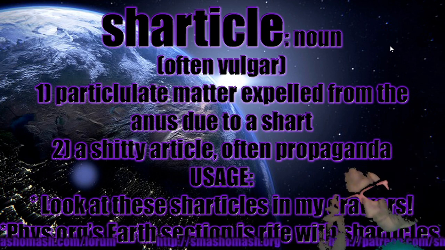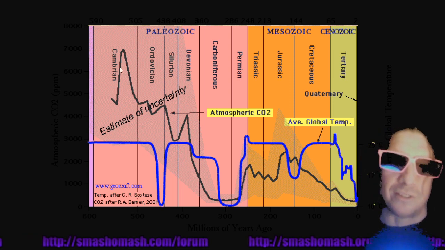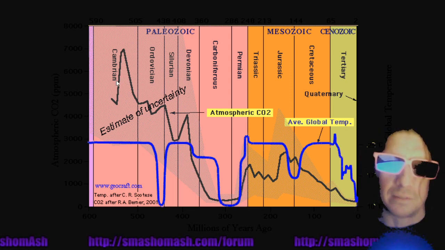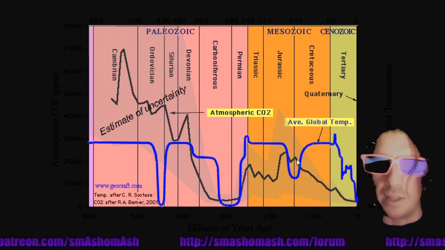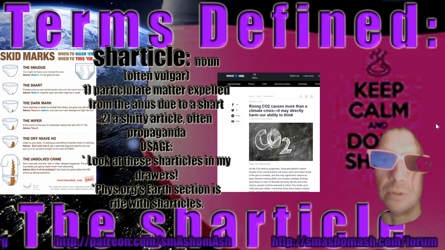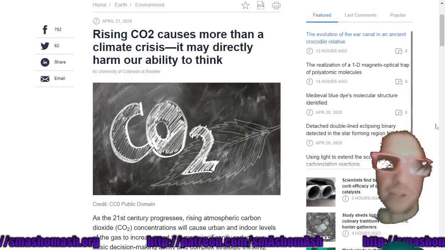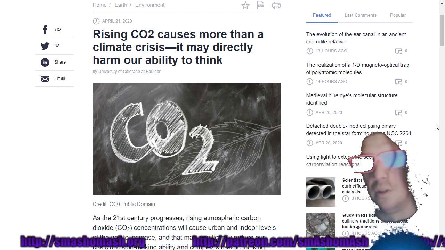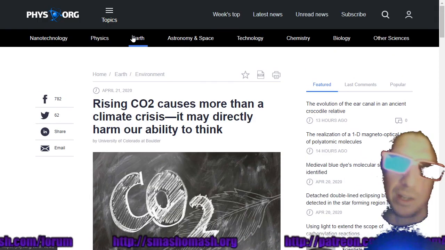By the way, CO2 was at 7,000 back here. And you can see there's no correlation between temperature and CO2 on the long scale, the 600 million year scale. So, for goodness sakes, have some discernment if you head to phys.org and look at the Earth section.